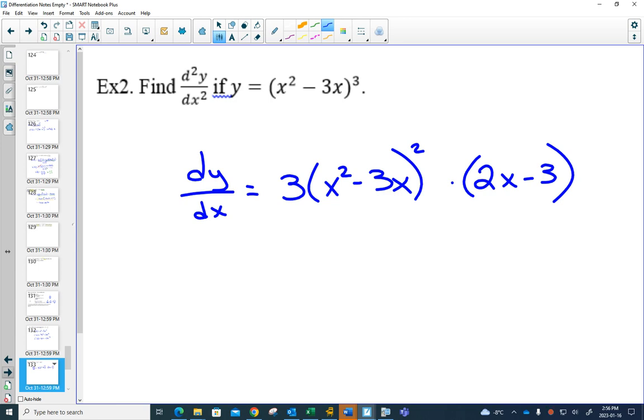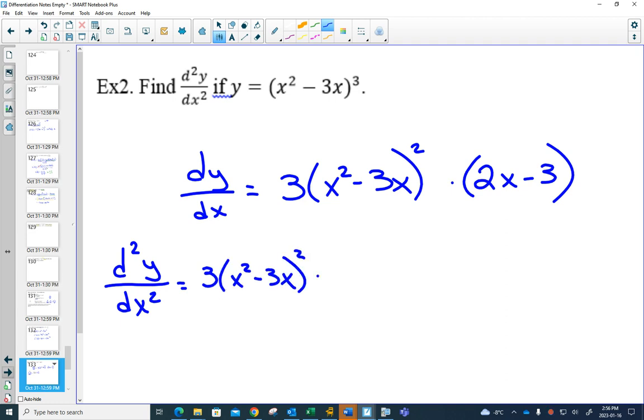Okay. Now, to find my second derivative, I have a product rule and a chain rule. But you guys were getting pretty good at these on the board the other day. So there's my notation. Product rule says keep one the same. So I'm going to keep the first one the same.